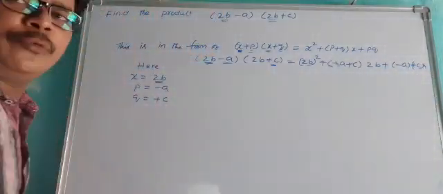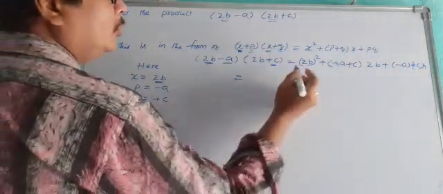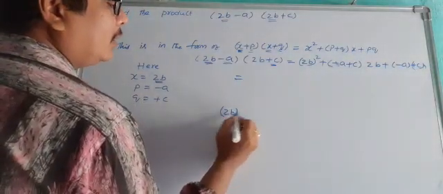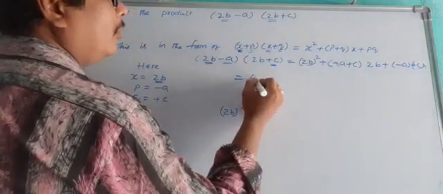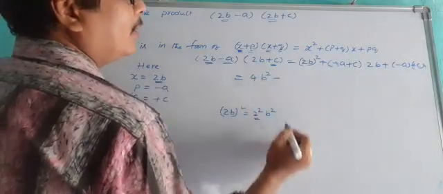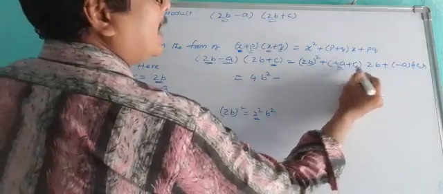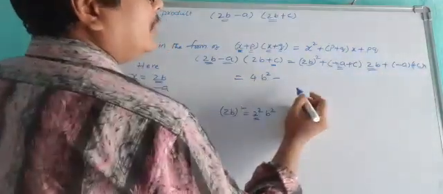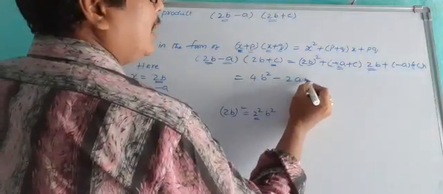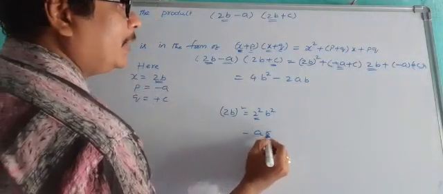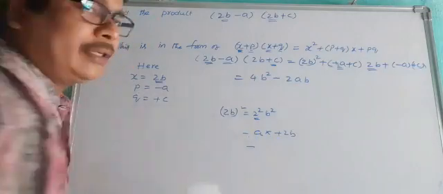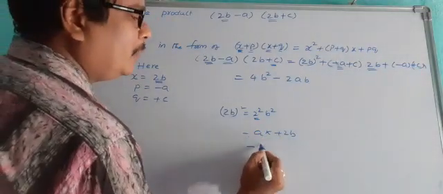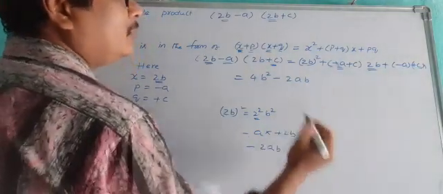Now we have to simplify it. (2b)² means 2²b², and 2² means 4b². Next, −a into +2b, that means −2ab. Positive quantity into negative quantity, a into 2b equals 2ab, so −2ab.